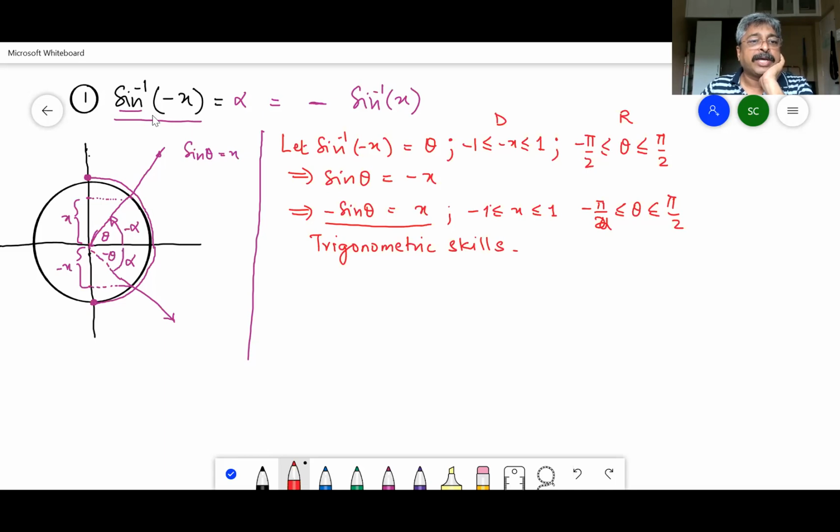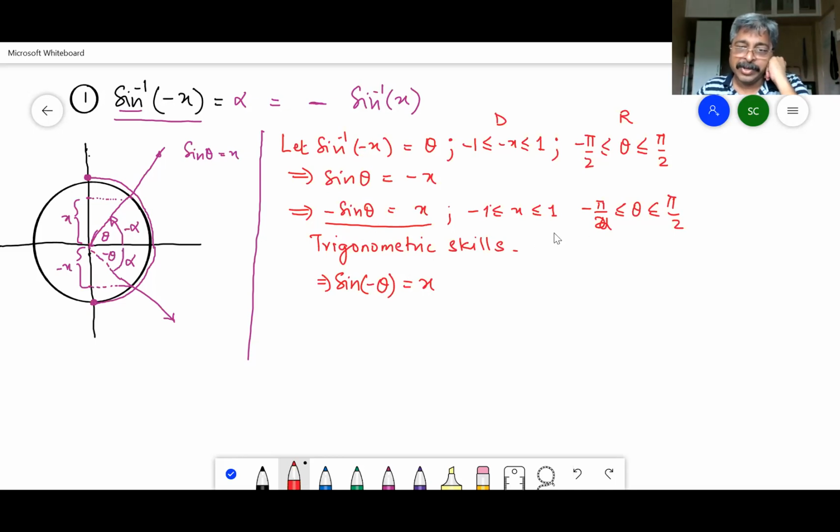How can you express theta as sine inverse x? Therefore you have to adjust this term in such a way that if you take sine inverse, you get theta on the LHS. For that we use a trigonometry property: opposite of sine theta is equal to sine of opposite of theta, which is equal to x. This step is critical.